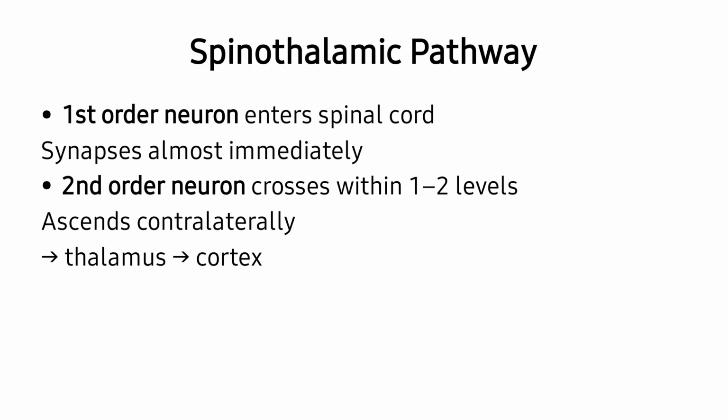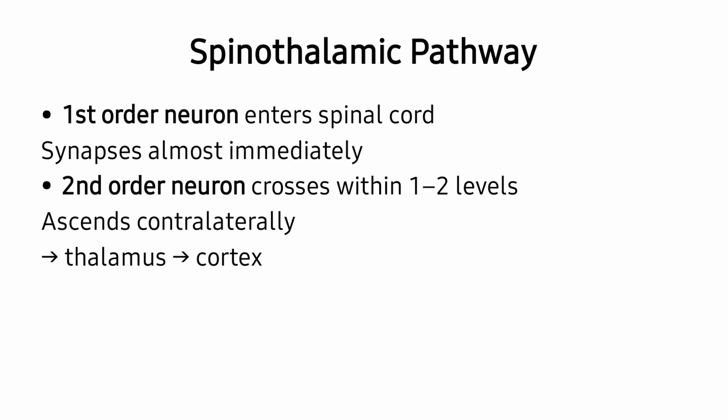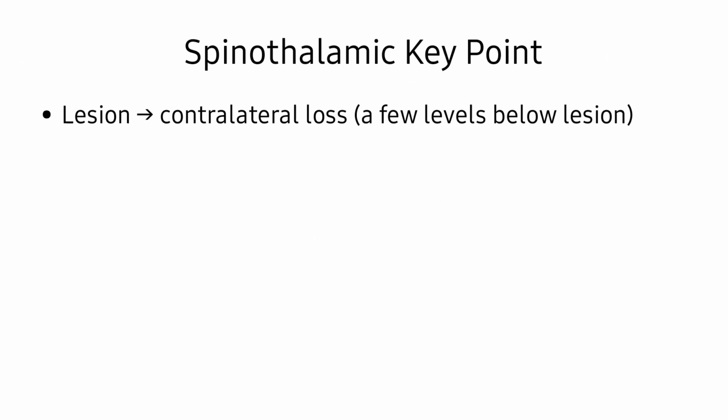This is an easy way of understanding these pathways. Know the order neurons, the first order, second order, and third. I forgot to put the third order neuron here as well. So lesion here, as mentioned, produces contralateral loss, a few levels below the lesion.